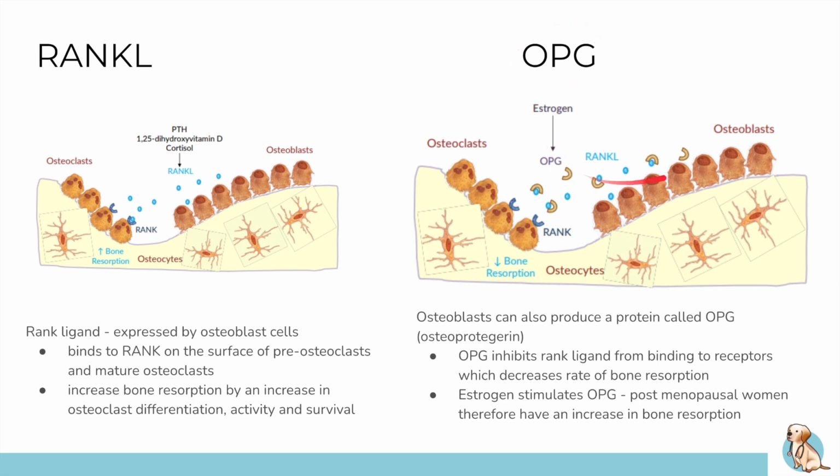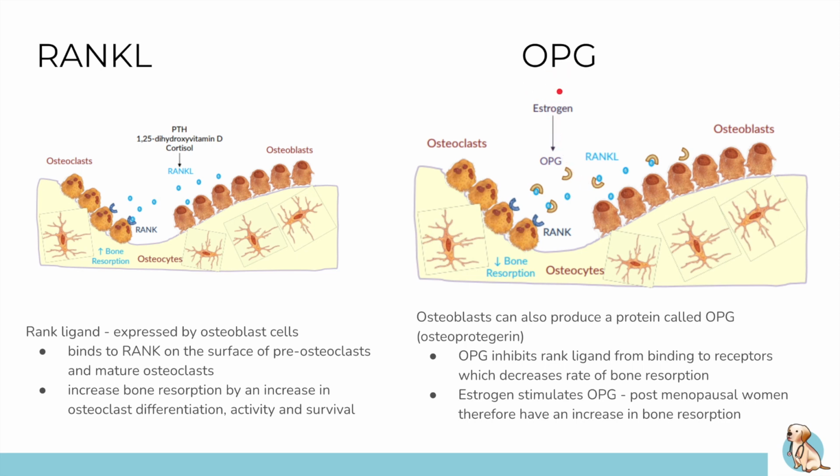And then we have OPG. OPG is a protein produced by osteoblasts. Now, OPG inhibits RANK ligand from binding to receptors. This decreases the rate of bone resorption or breakdown. If we go back to my previous analogy, imagine OPG as a project manager who stops the letters from reaching the demolishers, or osteoclasts.